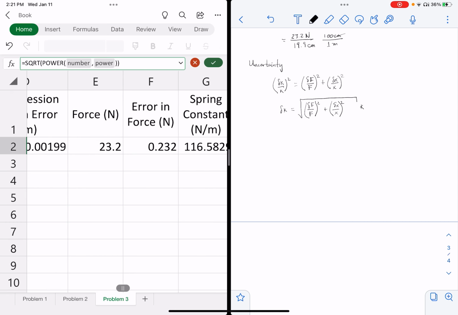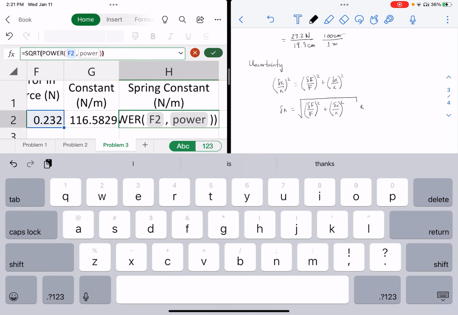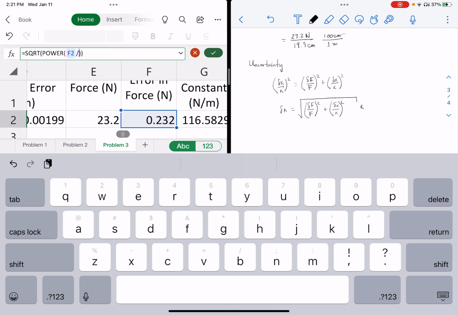Error in the force. So I'm going to have error, and I need that divided by the force. All right, so that's here, and comma, and I need it to the power of 2. All right, so that's going to be the first part.